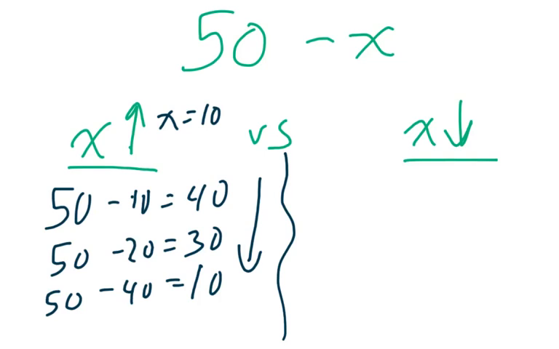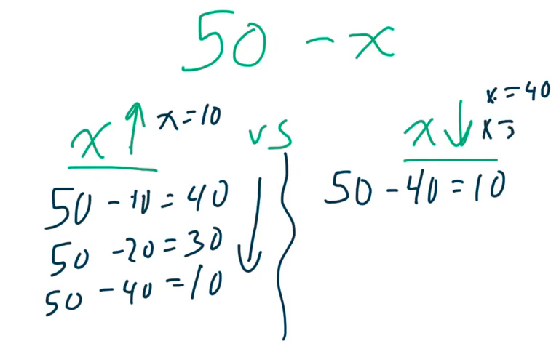That's what happens when x is decreasing. Let's start with 50 minus 40. Now, as 40 is decreasing, let's try 30. 50 minus 30, now it's 20.